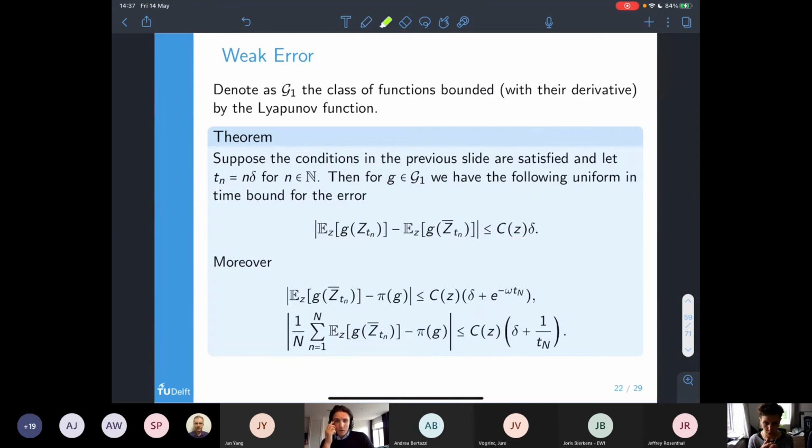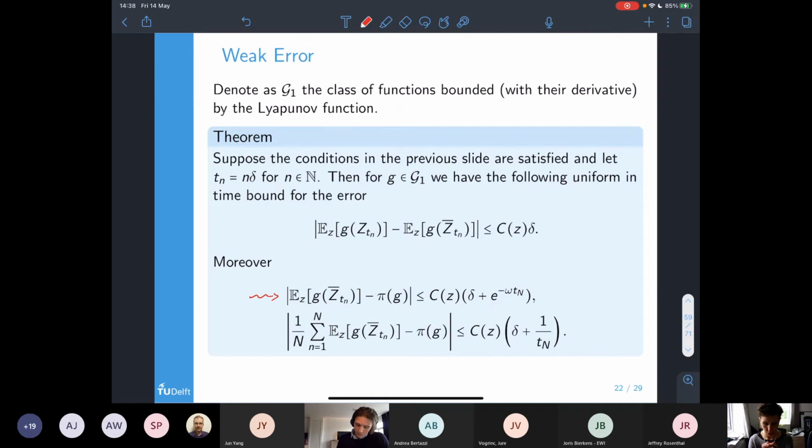Also, some other things we can say are the following. So we can give a bound here of the expectation of G of Z bar at time T_n, the error we commit with that to the correct expectation of G, so with respect to pi.